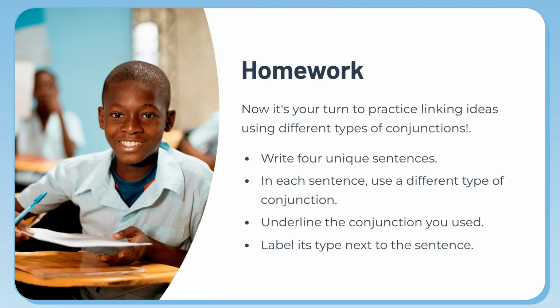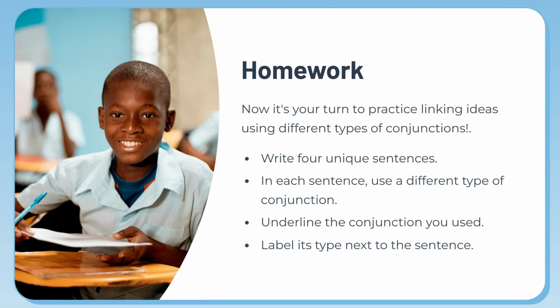Now it's your turn to practice. You've learned 4 types of conjunctions, and it's time to try them out in your own sentences. Here's your assignment. Write 4 unique sentences. In each sentence, use a different type of conjunction.